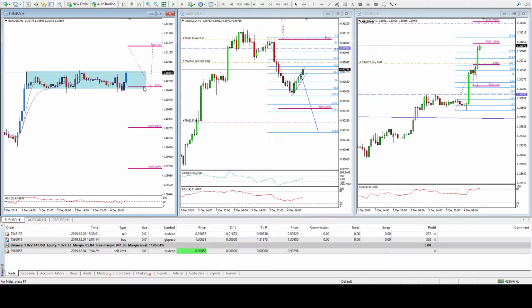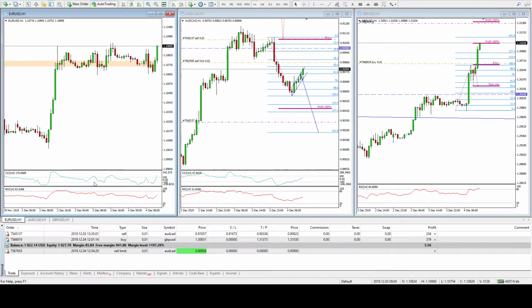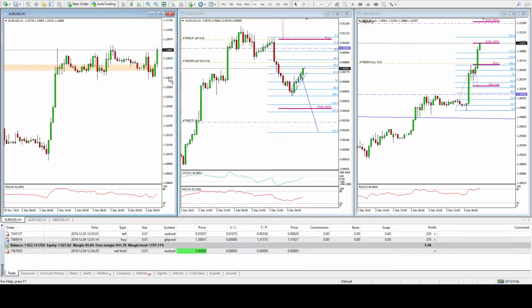Okay, let's see. Interesting. Now the pair is not moving at all. Interesting.